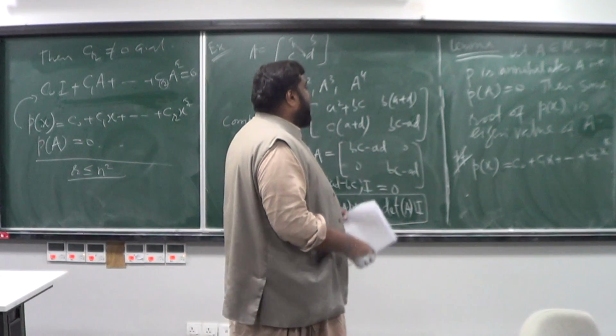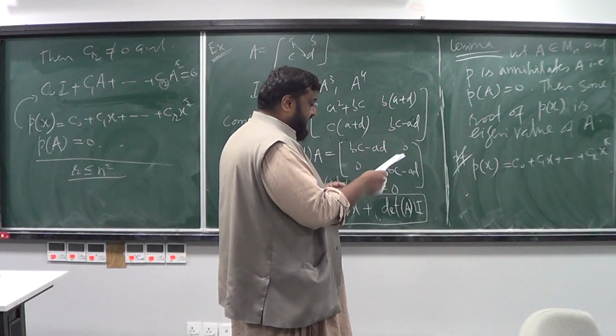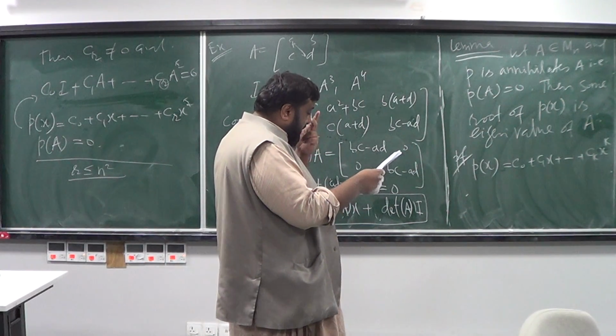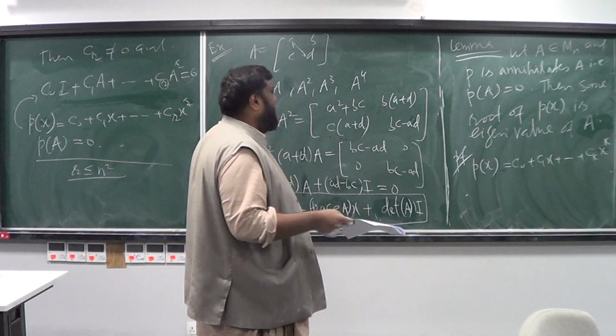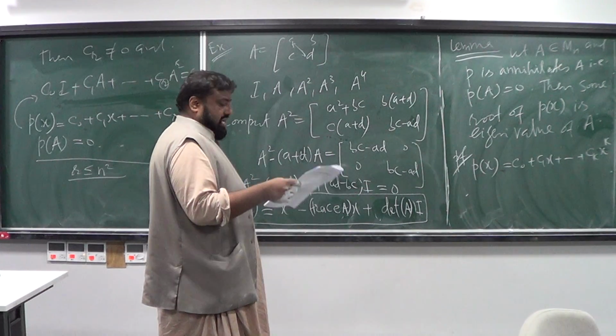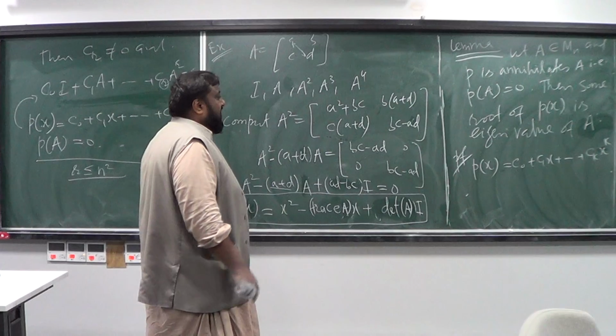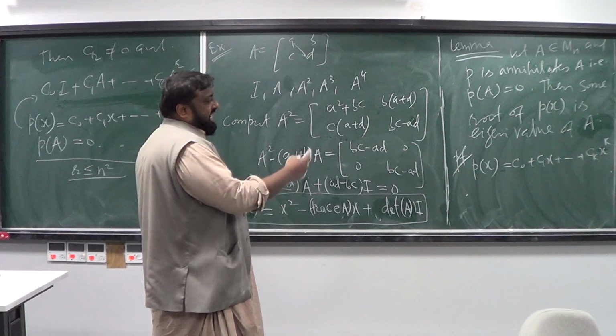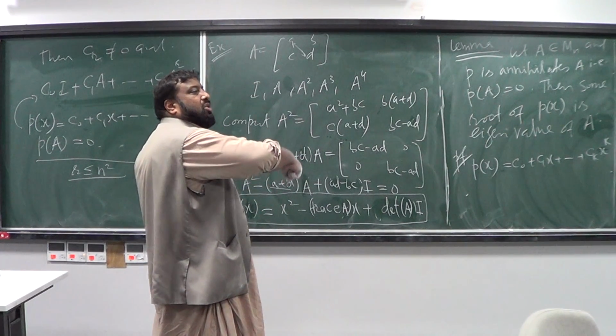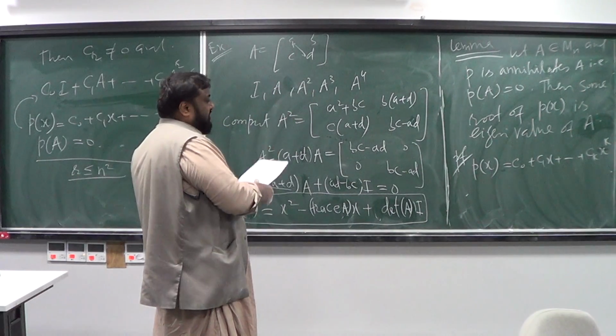Now this is a k degree polynomial that has a degree less than or equal to n square. So k can be up to n square.